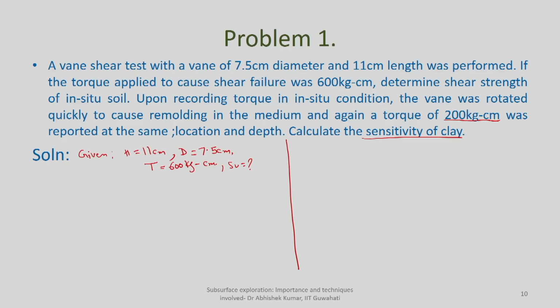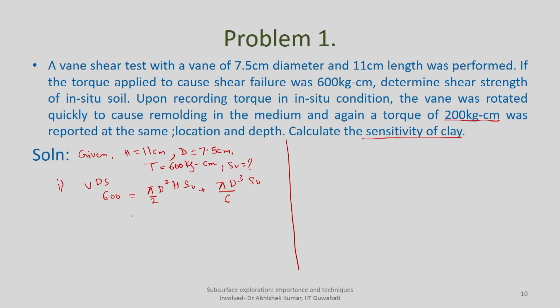Let's go by this, particularly when you have undisturbed soil. So T will be equal to, that is 600, as we discussed earlier also, pi d square H times SU by 2 plus pi d cube SU divided by 6.